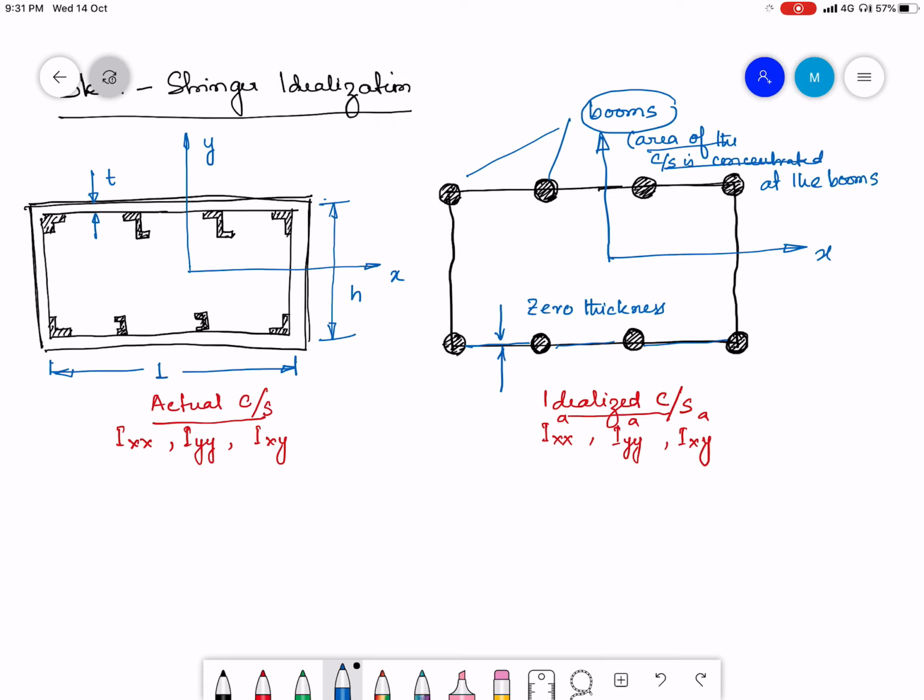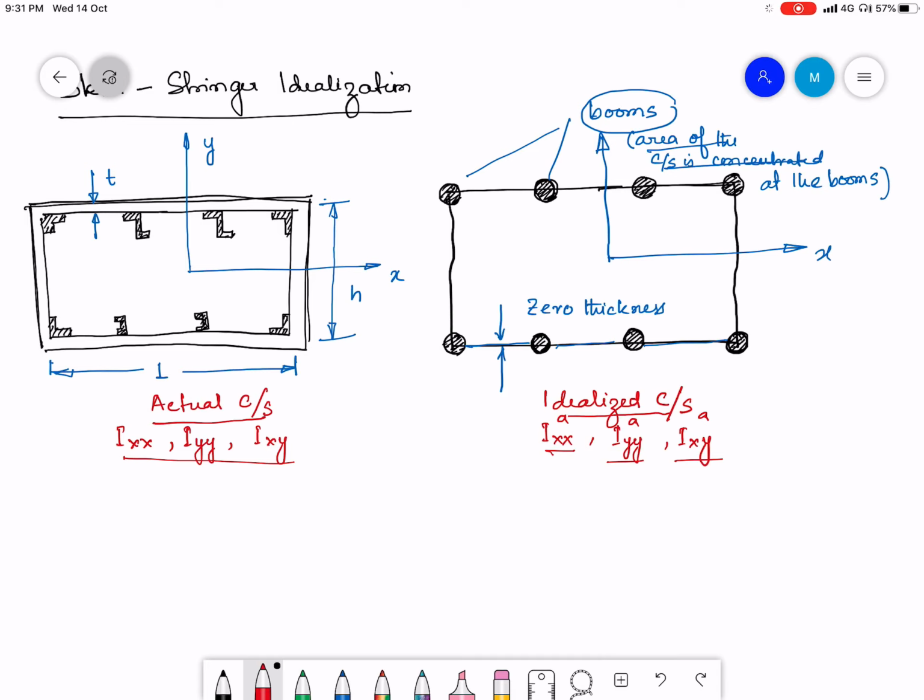Now let Ixx, Iyy and Ixy be the sectional properties of the actual cross section, and Ixxa, Iyya and Ixya the sectional properties of the idealized cross section.